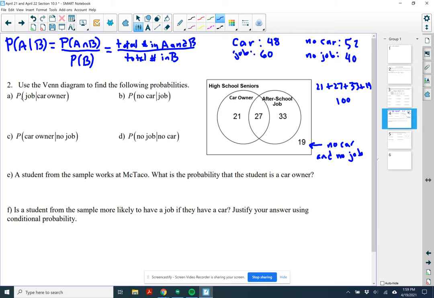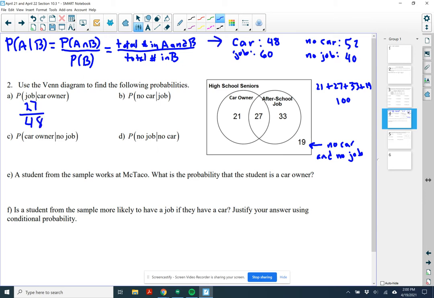Okay, so for part A, using the Venn diagram, the probability that we have a student with a job given that they're a car owner, senior with a job given that they're a car owner. So we take the number of students that have a job and they're a car owner, so that's our 27, and divide by the total number of car owners, which we calculated as 48.